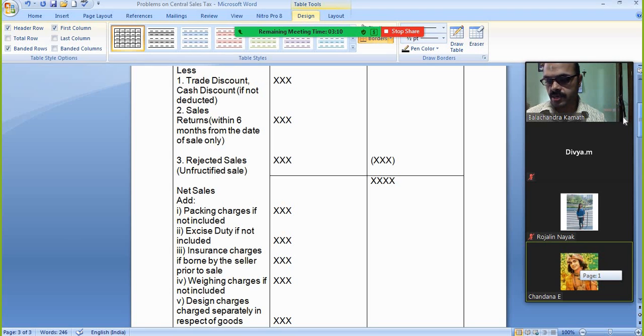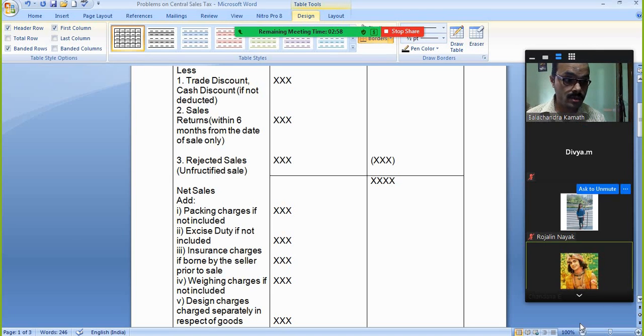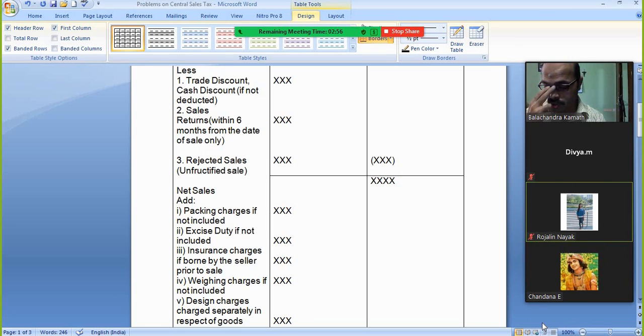Okay, then freight. Let's come to the freight part. Of this, 30,000 alone is shown separately in sales invoices. So how much is not shown separately? Can anyone tell me? 80,000 is not shown separately.